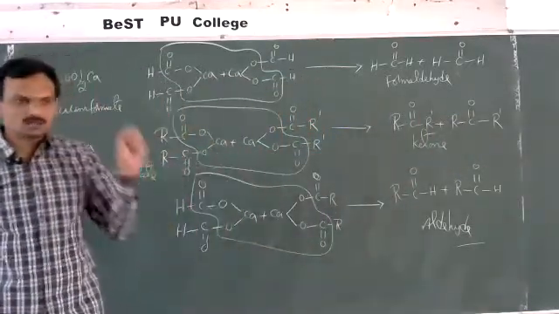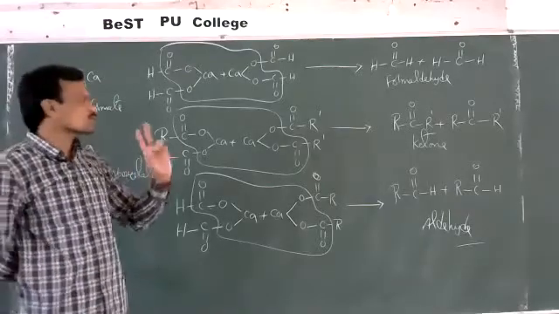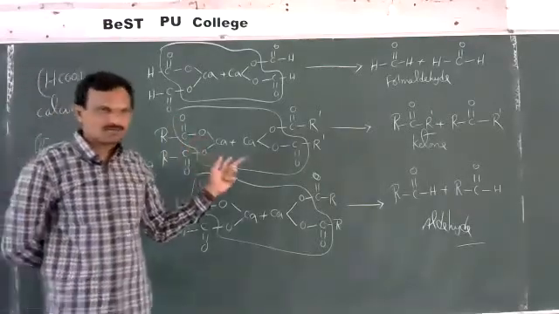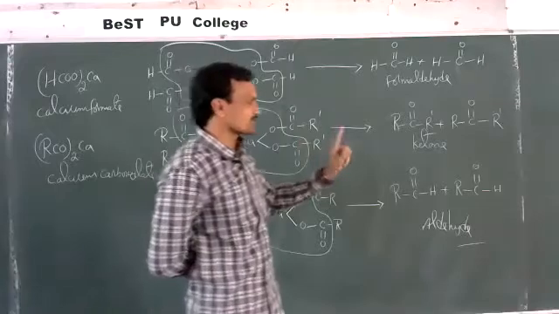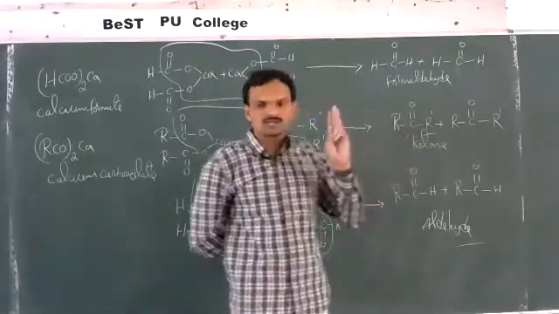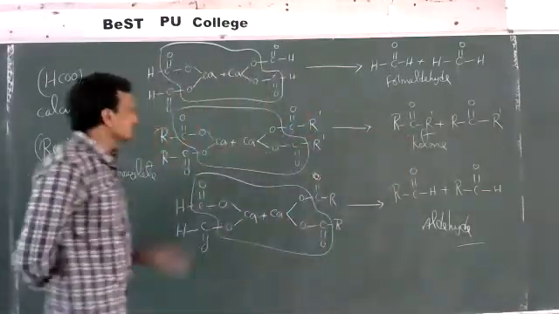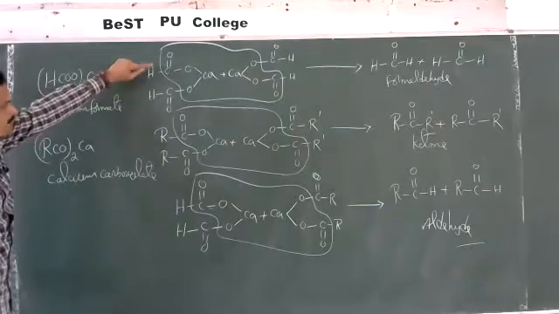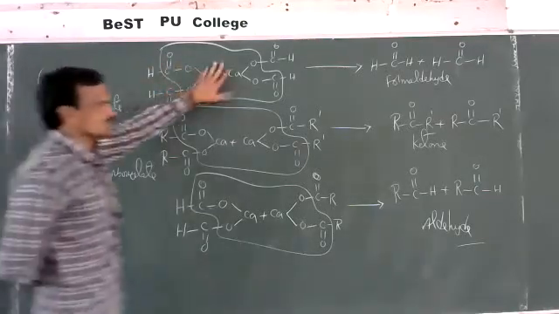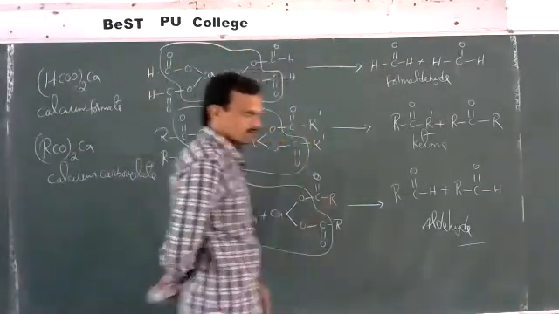So if you have taken the mixture of calcium salts of 2 different carboxylic acids, then instead of getting a single product as ketone, we can get the mixture of 3 ketones.